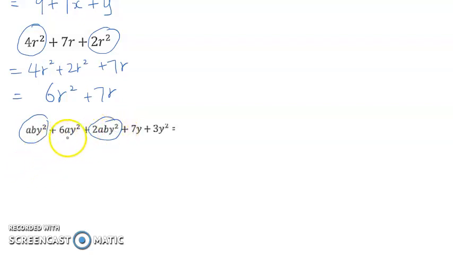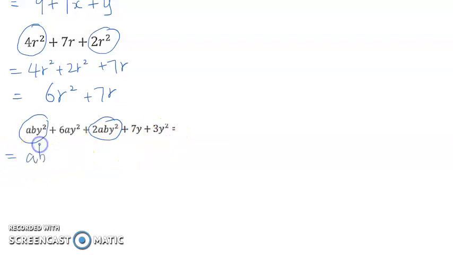And now I'm going to count. Is there any other term that has ay squared? Now remember, this is not a like term as aby squared because it doesn't have b. And this one doesn't have a, and it's not ay squared, and this also doesn't have a. So the rest of them are not like terms.